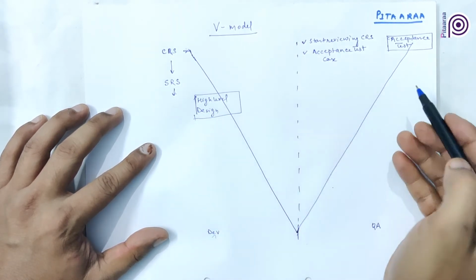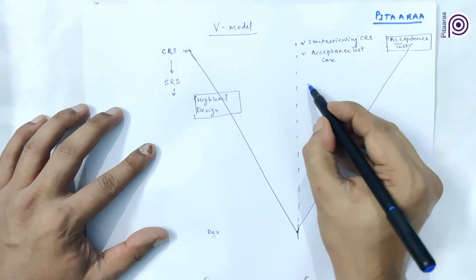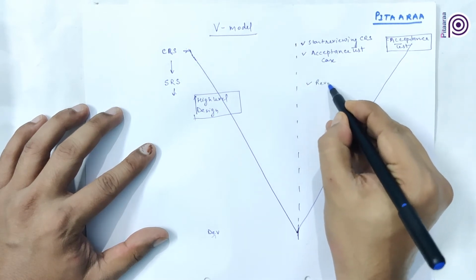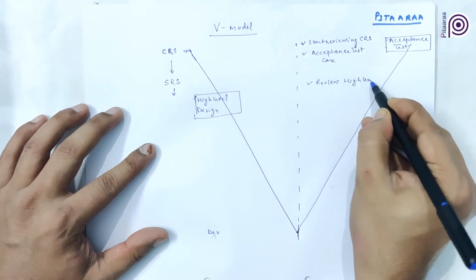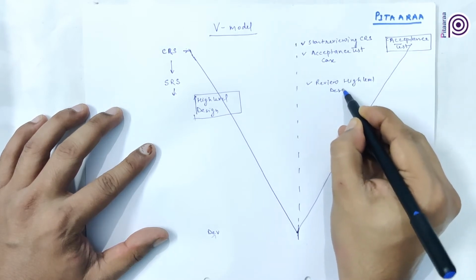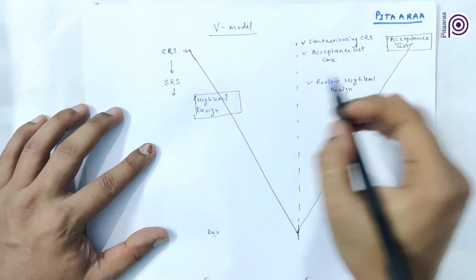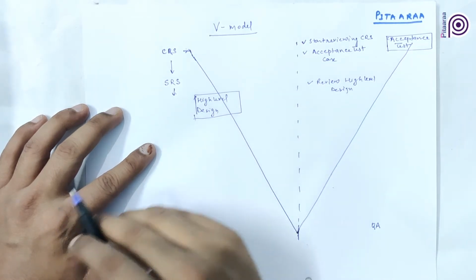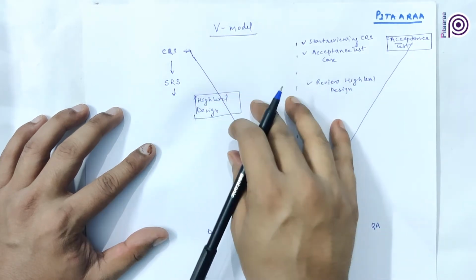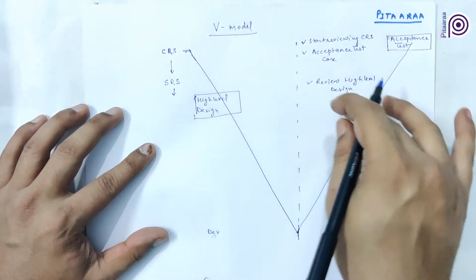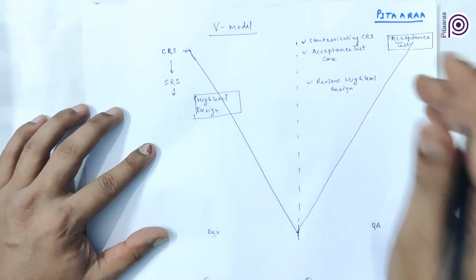And what does the QA team do? They will first review the high level design. If they find anything wrong, they will contact the architect or the senior developer. They will correct that issue and send it again to the QA team.